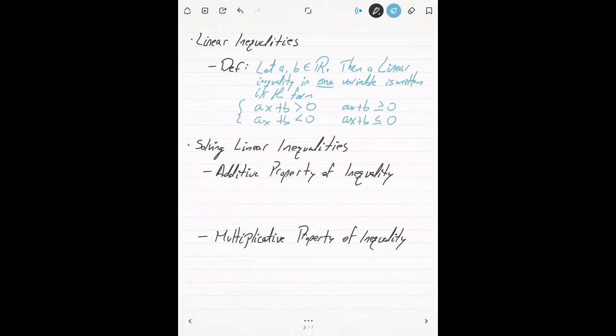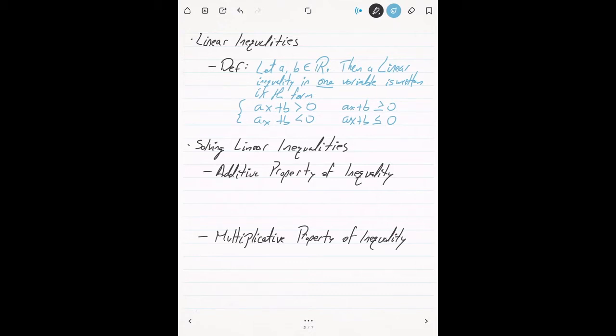As long as you do the same thing to both sides, you would preserve the equality. The one side is still equal to the other side. When it comes to inequalities, we want to preserve the inequality. We want to stick with the one side being heavier than the other side, and we want to keep that. So let's go ahead and try to define some properties here.